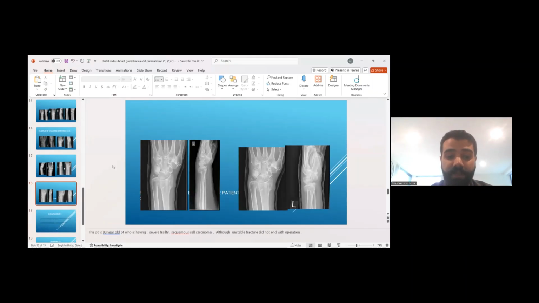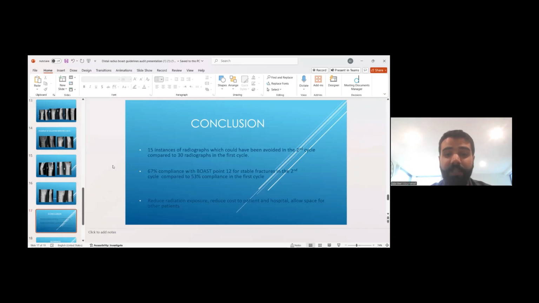This is another patient, 90 years old, with an unstable fracture at first presentation, but with severe frailty, squamous cell carcinoma, high blood pressure and heart failure, who also ended up with conservative management because of the underlying comorbidities.